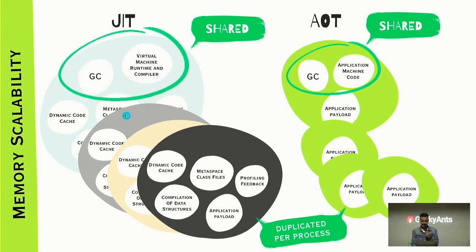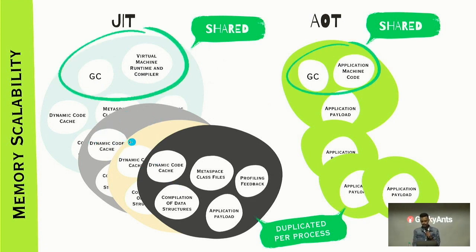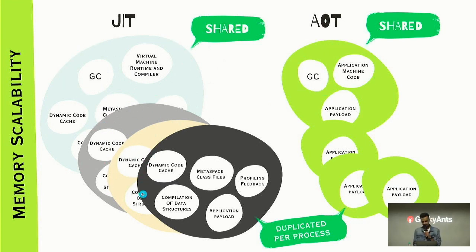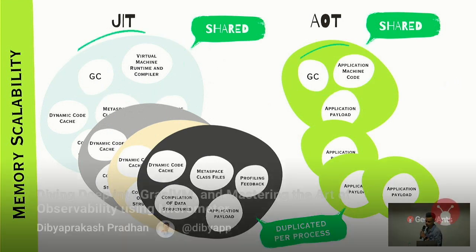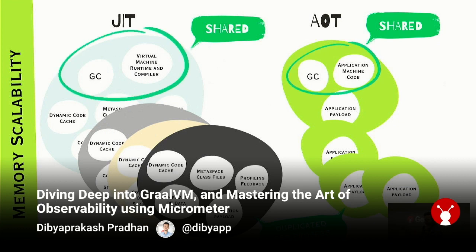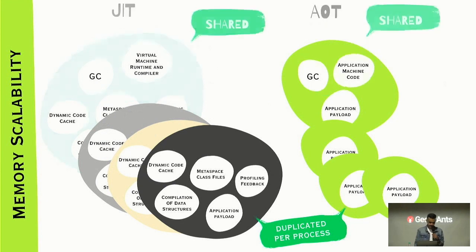So if you increase your replica set count to 4, then only the GC and VM will be shared between all those 4 replicas, and all other stuff will be duplicated. If you see the AOT, it also shares the GC and machine code, but the only thing which will be duplicated is the application payload. So you can see how few resources it will use in terms of memory scalability.